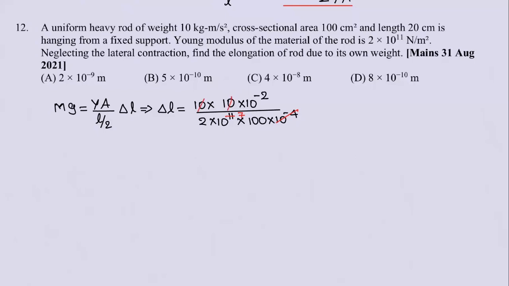Oh wait, these two get cancelled. Okay, plus 7, plus 8, plus 9. 1 by 2, so it will be 0.5 into 10 power minus 9, or 5 into 10 power minus 10 meters. Yes, units. So the answer is B.